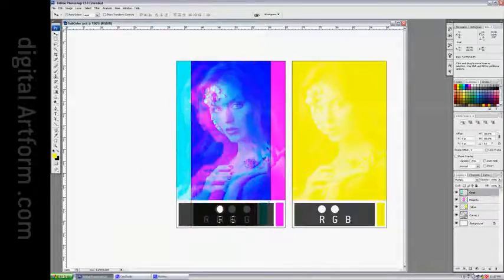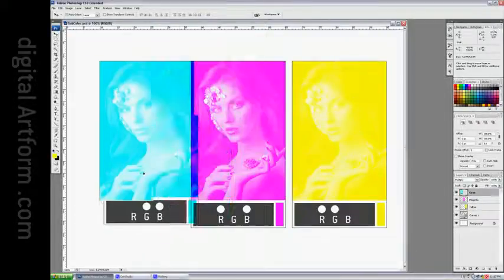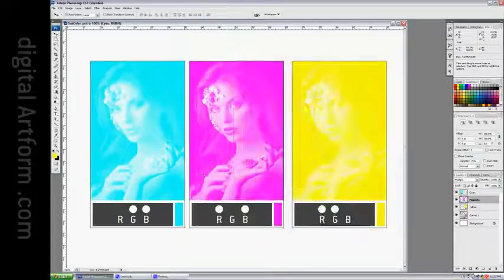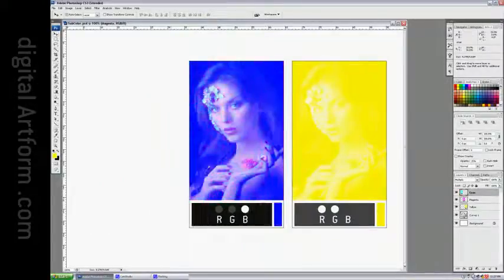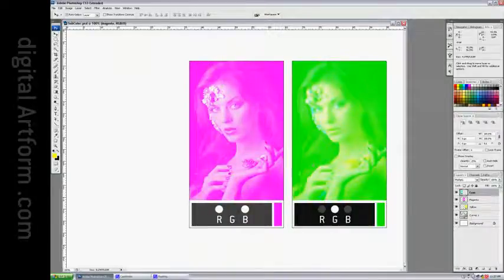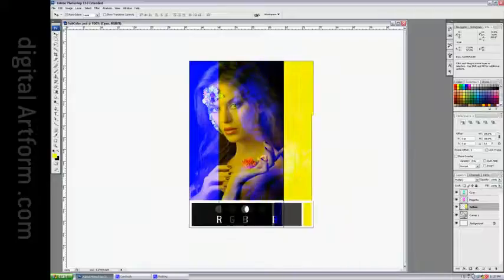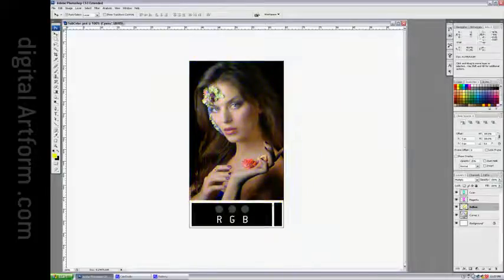Put them together, that has blue in common. Put them together, red survives the mix. Put these together, green survives the mix. And put them all together, and nothing survives the mix in terms of bright colors, and they mix to black.